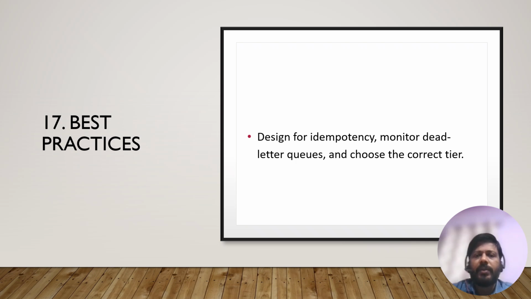Dead-letter queues must be monitored and processed, because if a message was not processed, some of those messages are saved in the dead-letter queue to be tried later. So you must ensure that they are monitored and processed accordingly, and use sessions only when ordering is required. Of course, you also need to choose the standard or premium tier based on your throughput and isolation needs.